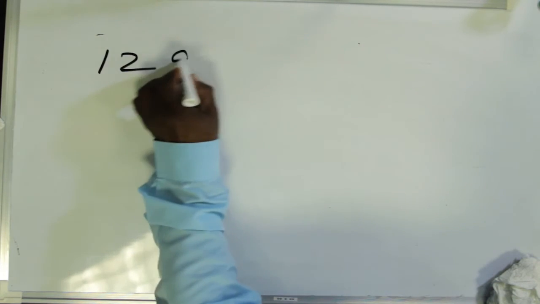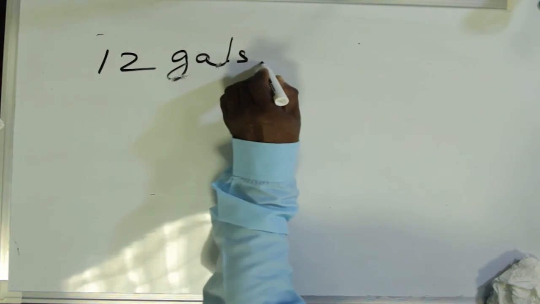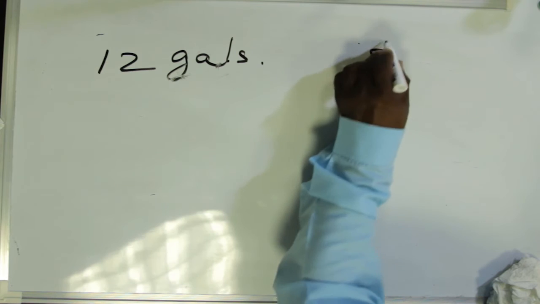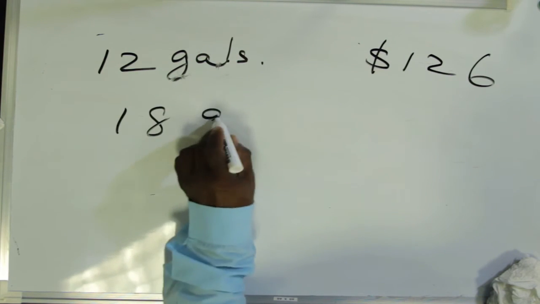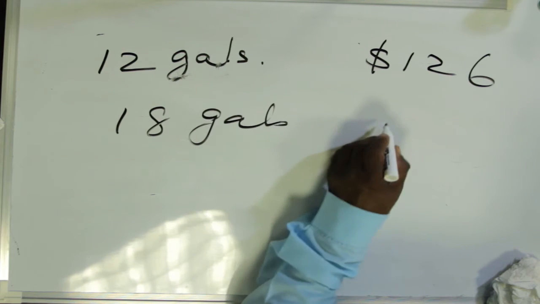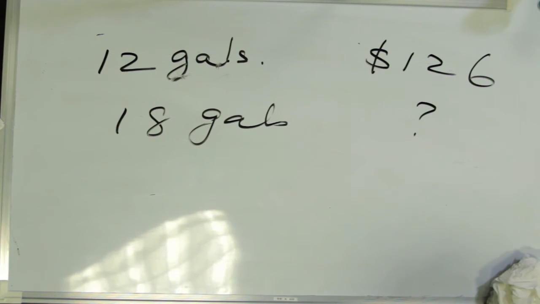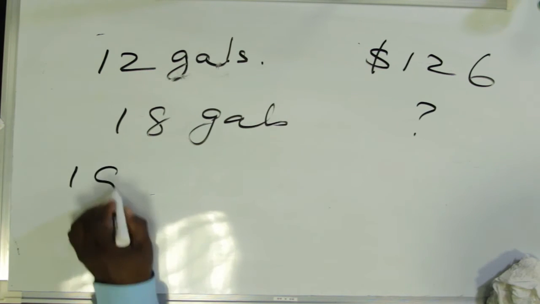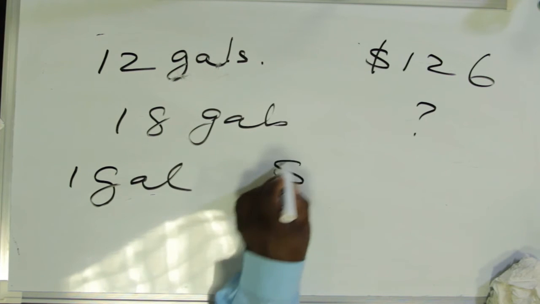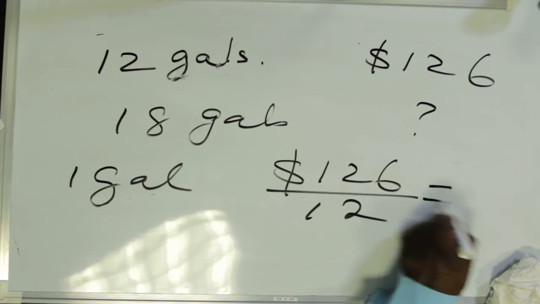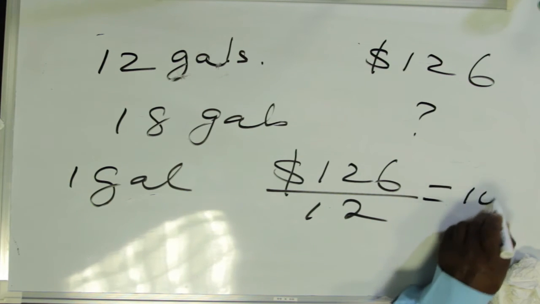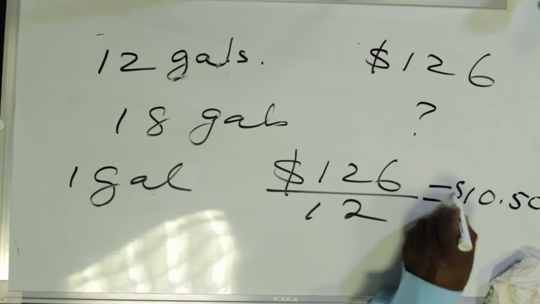12 gallons of diesel were bought for $126. How much would 18 gallons have cost at the same rate? The answer is simple. Find the cost for 1 gallon. 1 gallon would have cost $126 divided by 12, which is $10.50.